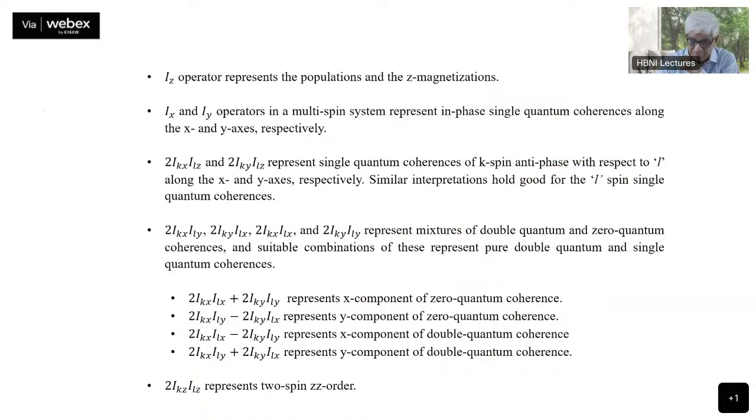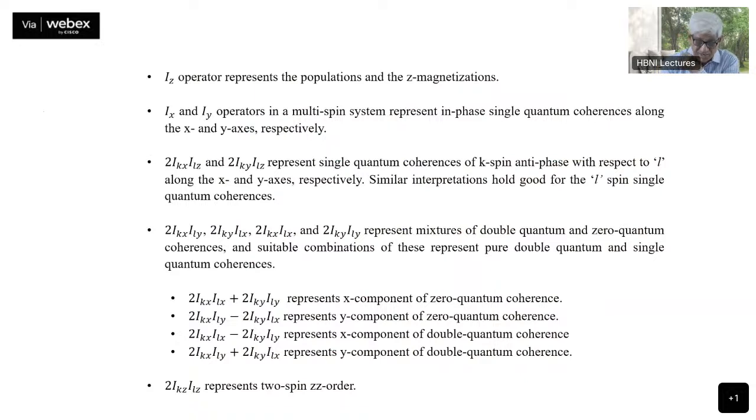This I did not explain to you because this cannot be explained by vector pictures or drawing transitions. 2IKXILY, such products are also there where you have two transverse components: IKX ILY, IKY ILX, true transverse components. 2IKXILX and 2IKYILY represent mixtures of double quantum and zero quantum coherences, and suitable combinations of these represent pure double quantum and zero quantum coherences.